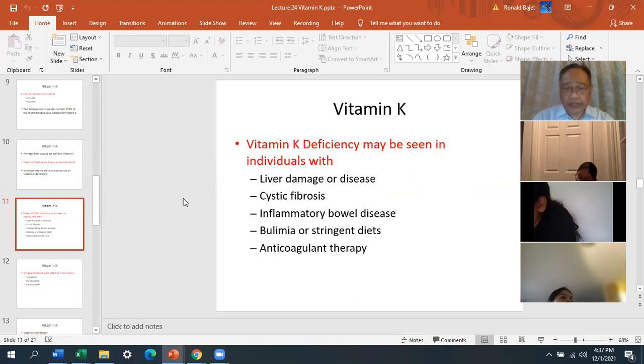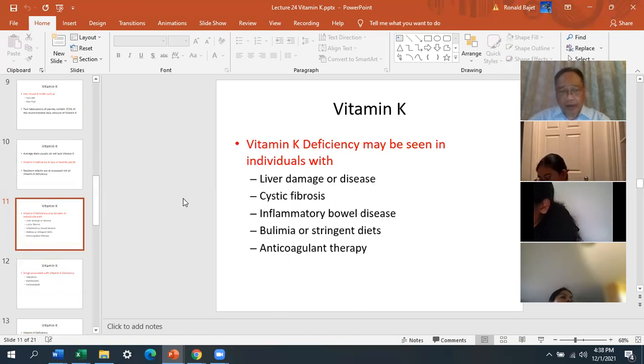Vitamin K deficiency may be seen in individuals with liver damage. That's why if you know that a patient has active hepatitis or liver cirrhosis, if you think about the liver, the source of vitamin K, you could have coagulopathies, okay? Because a lot of the coagulation factors are made in the liver.